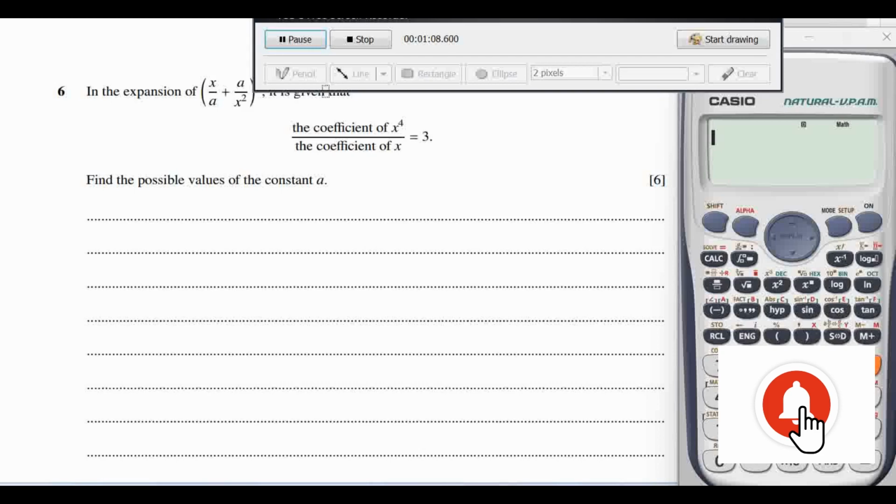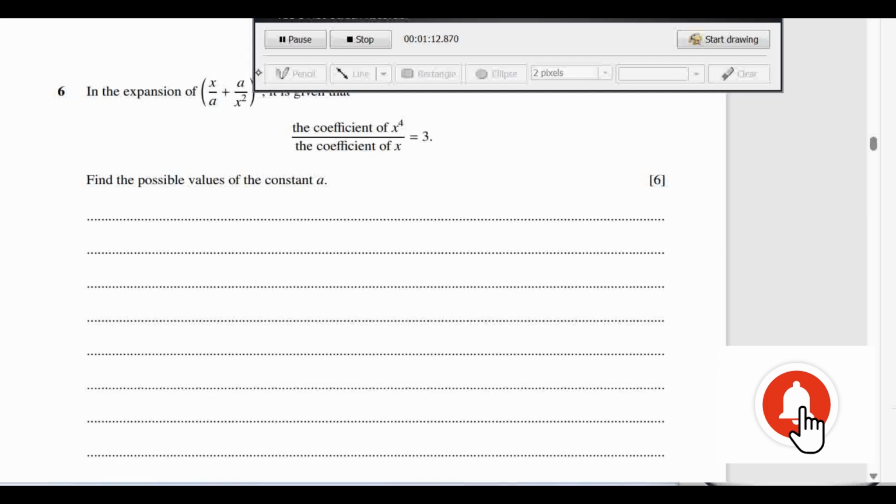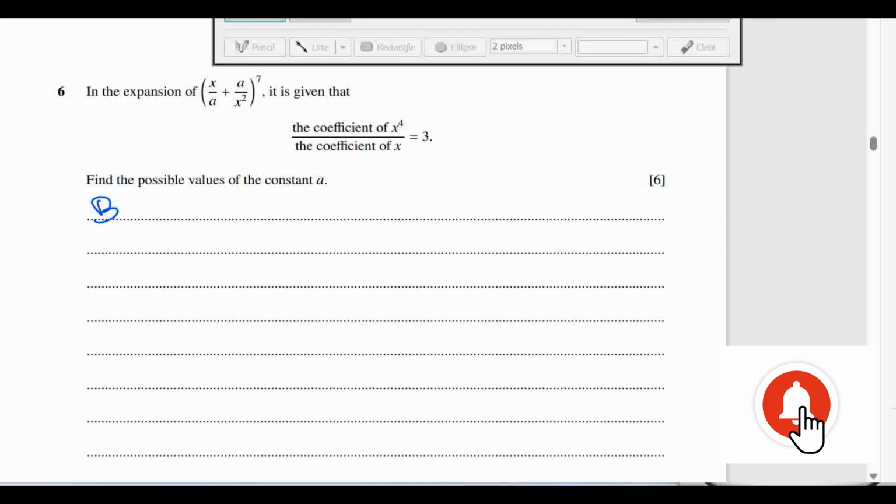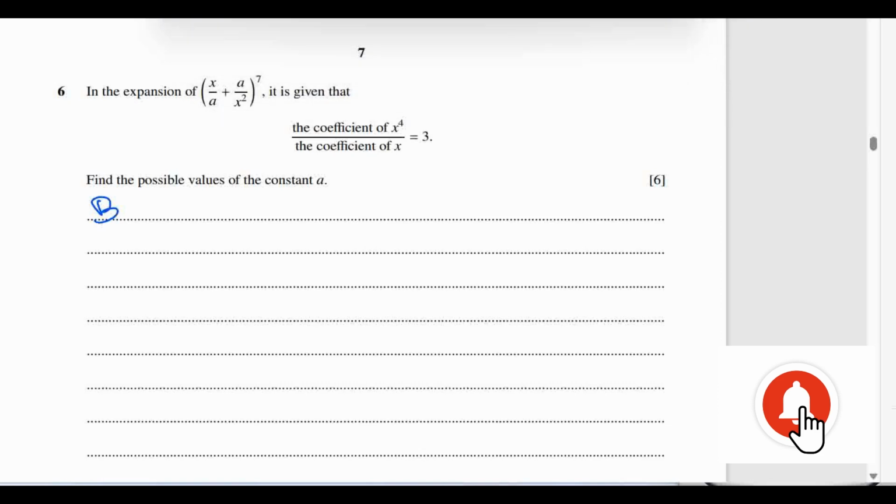Now we can see that this is a binomial expansion question, and we know the formula for binomial expansion. Let me write it over here. Binomial expansion.